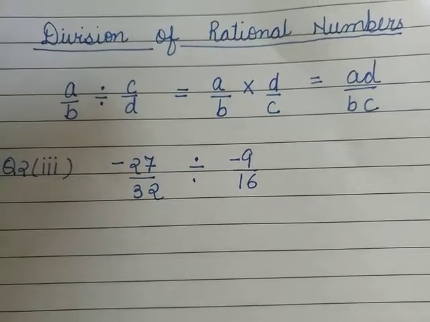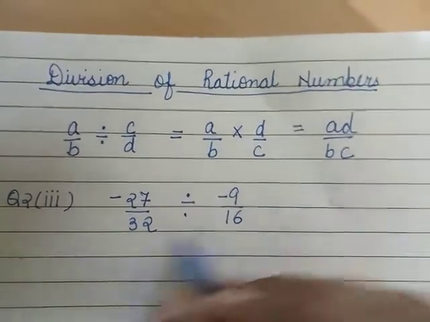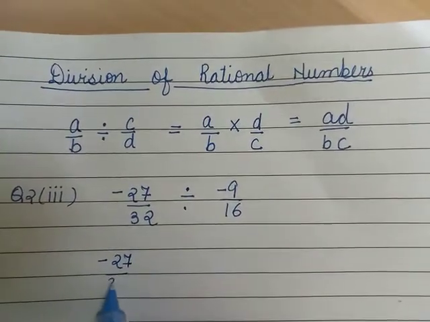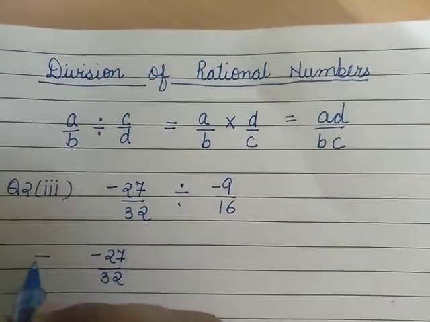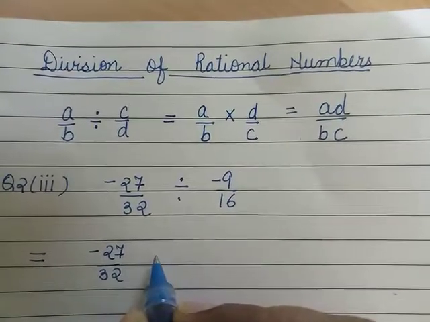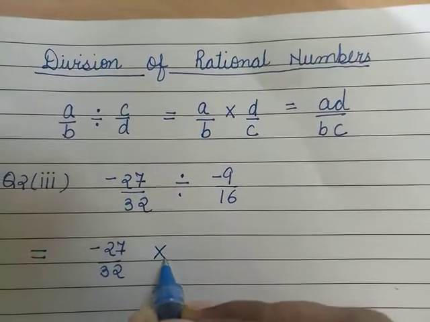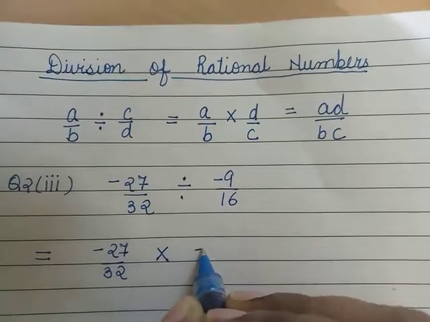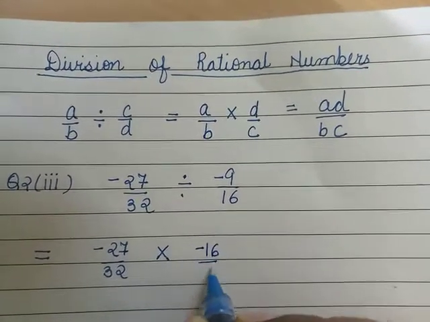How do we do it? First we write the first rational number as it is, that is minus 27 by 32, and this division sign changes to multiplication. We write the reciprocal of the second fraction, so it becomes minus 16 by 9.